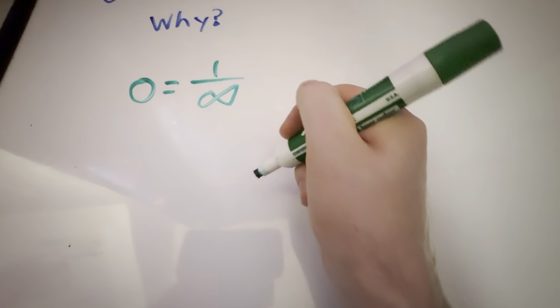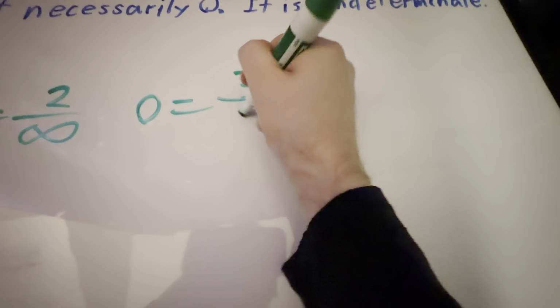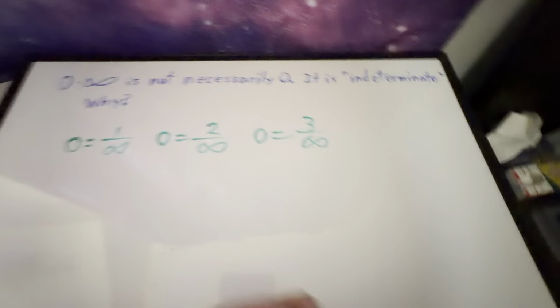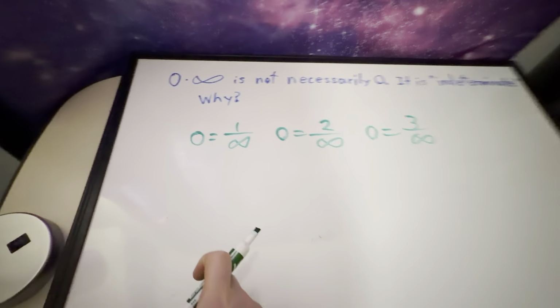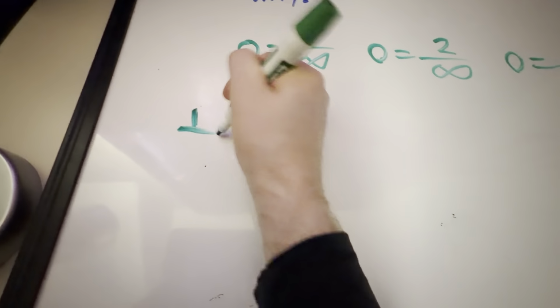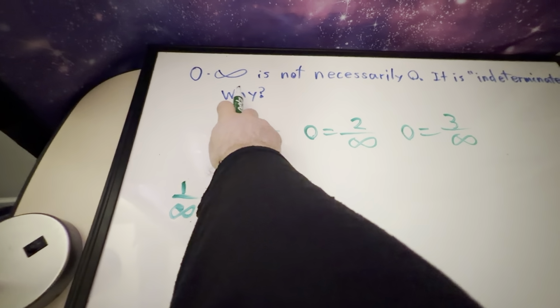There we go. So first up we have 0 equaling 1 over infinity. Well, 0 can be 1 over infinity. 0 can be 2 over infinity. 0 can be 3 over infinity. You get the point. It could be anything. So if we have 0 times infinity, let's say we have 1 over infinity, which is what 0 is.